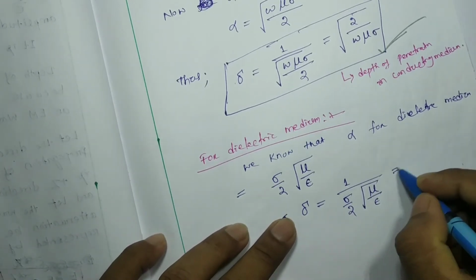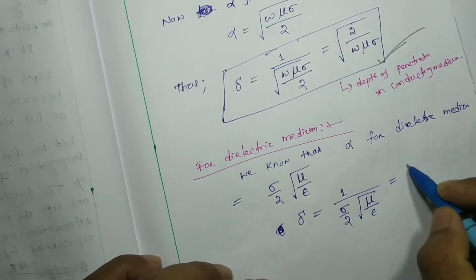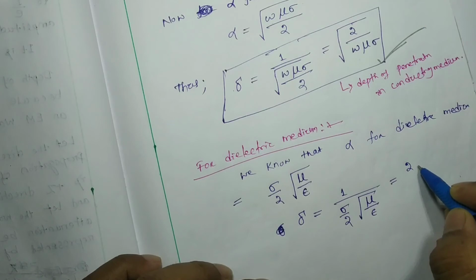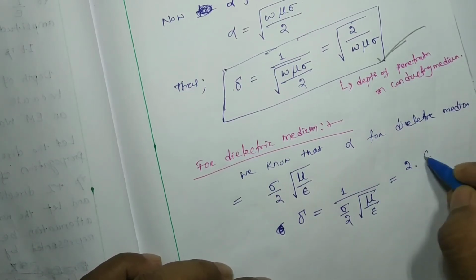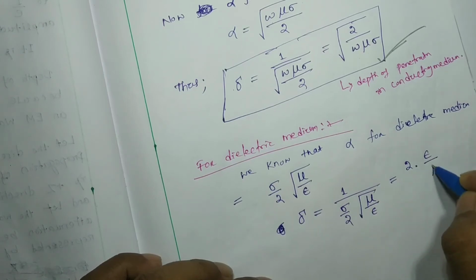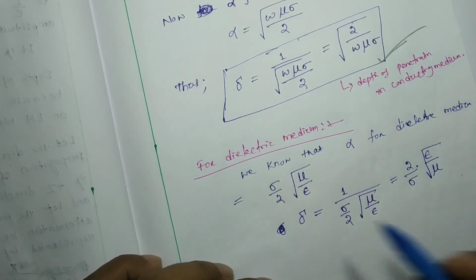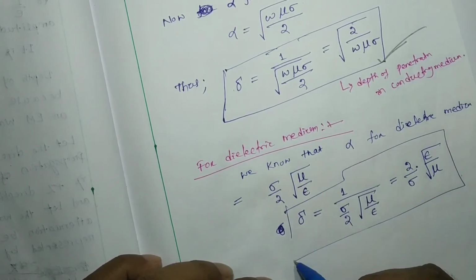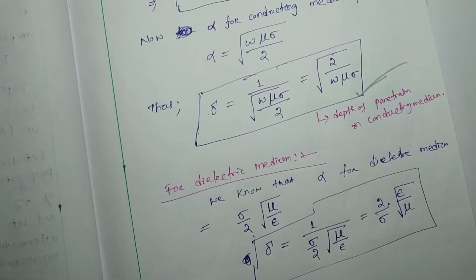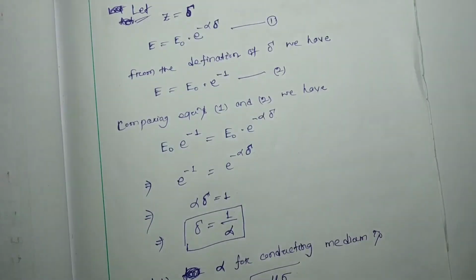The epsilon moves to the numerator, so it will be 2 by sigma root over epsilon by mu. This is the depth of penetration or skin depth for a dielectric medium.